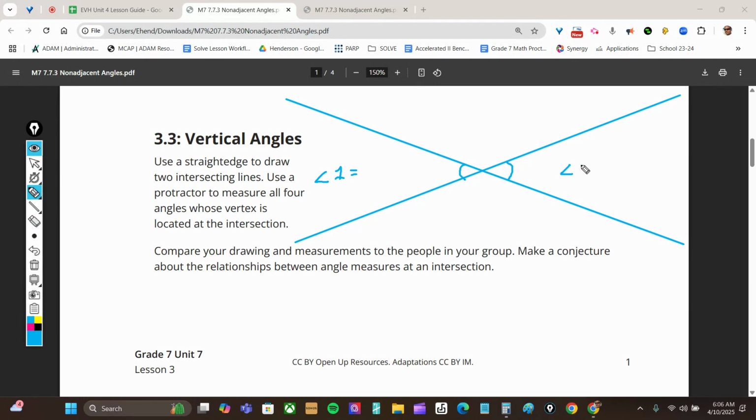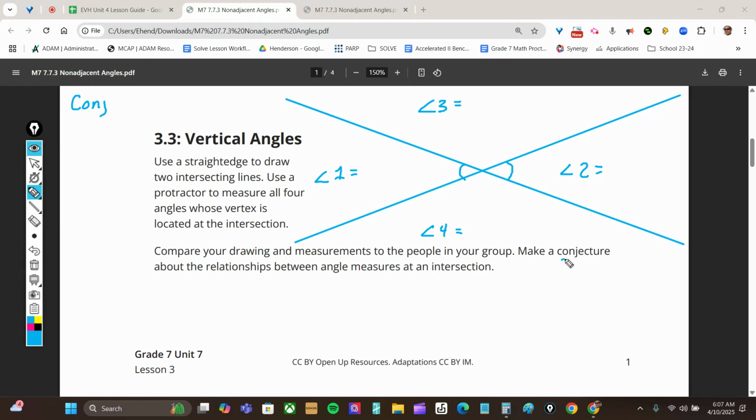Angle 2, measure it. Angle 3, measure it. Angle 4, draw it and measure it. Then based on your drawing and your measurements, make an educated guess, a conjecture.